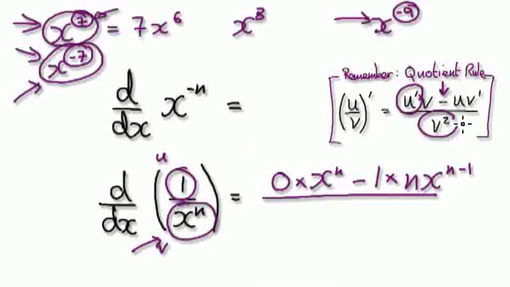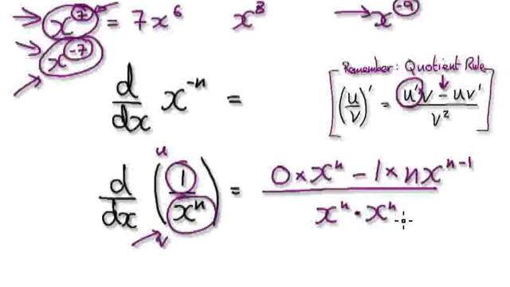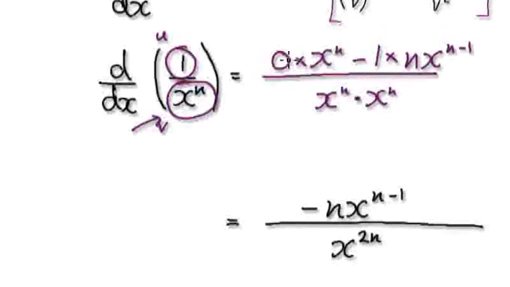Now v squared here will be this thing squared. So let's just write it as this thing times by itself. Now this thing here will become 0. So this is your 0 here, and then minus 1 times this thing here will be just this thing here.